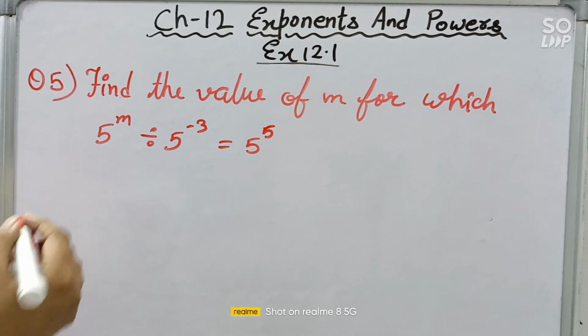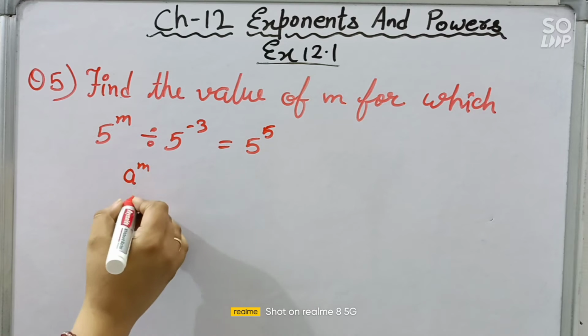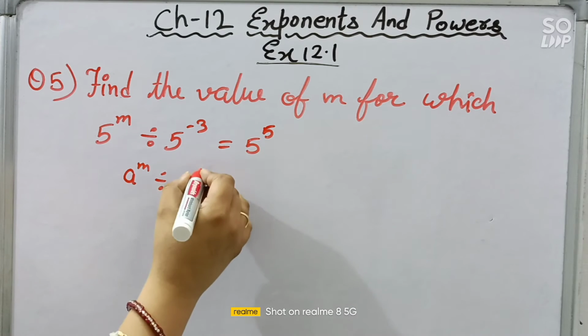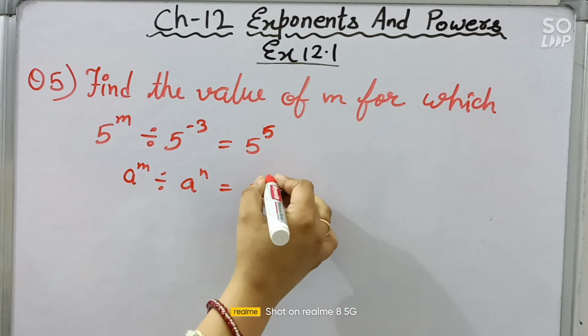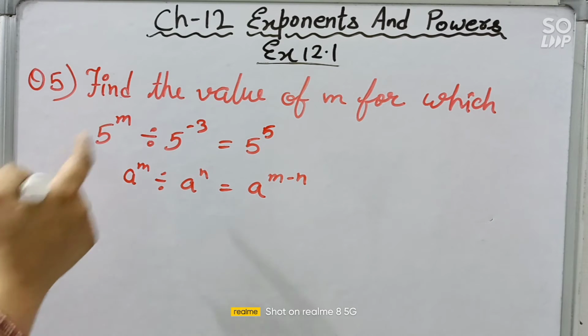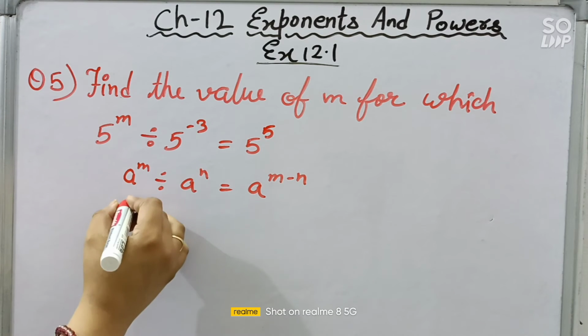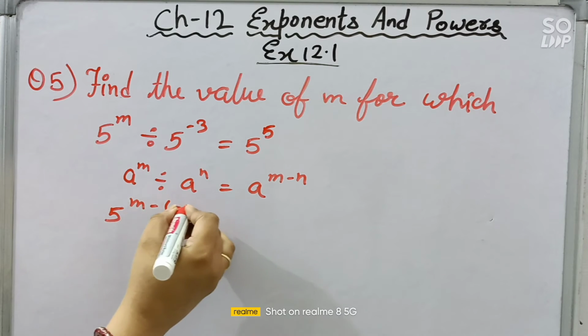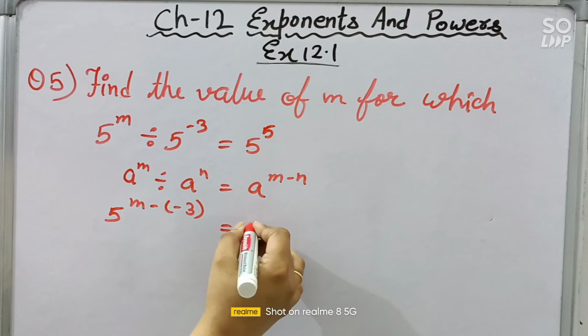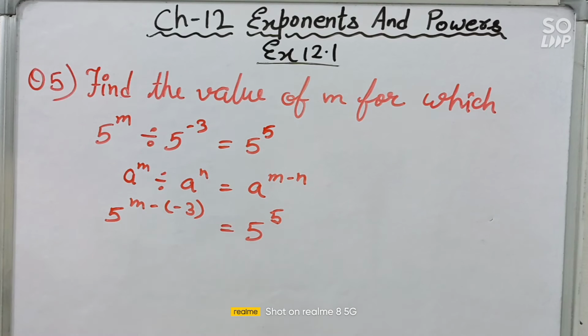We can simply write the law a raised to the power m divided by a raised to the power n is equal to a raised to the power m minus n. So in LHS we will apply this and we can write 5 raised to the power m minus minus 3. This is equal to 5 raised to the power 5 in RHS.